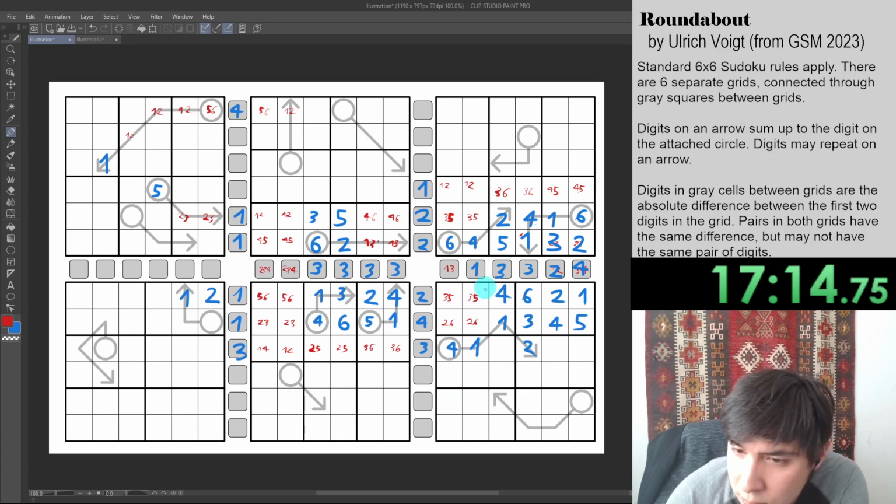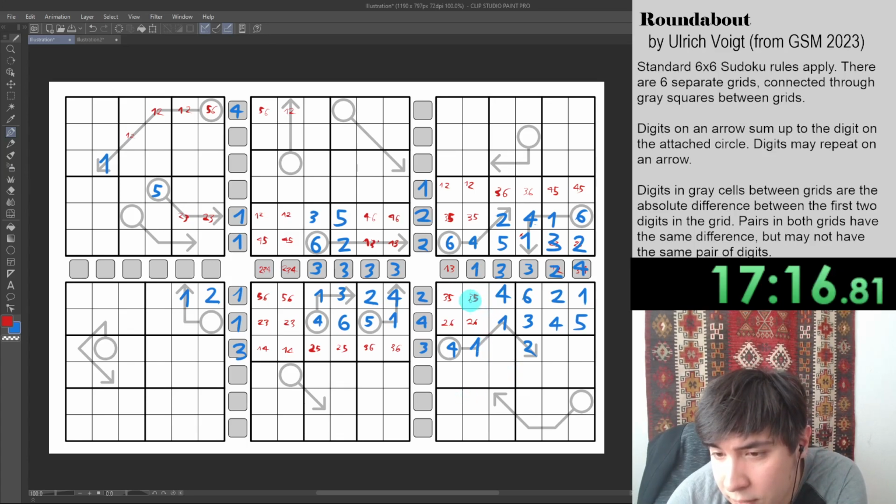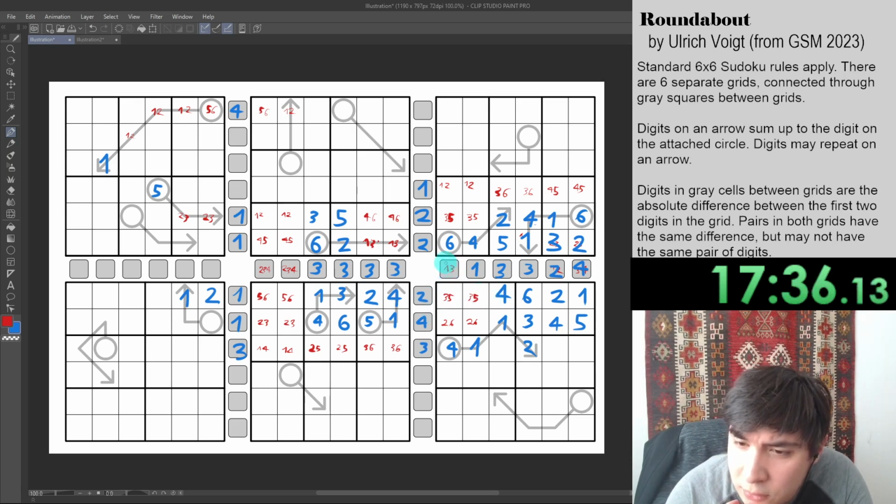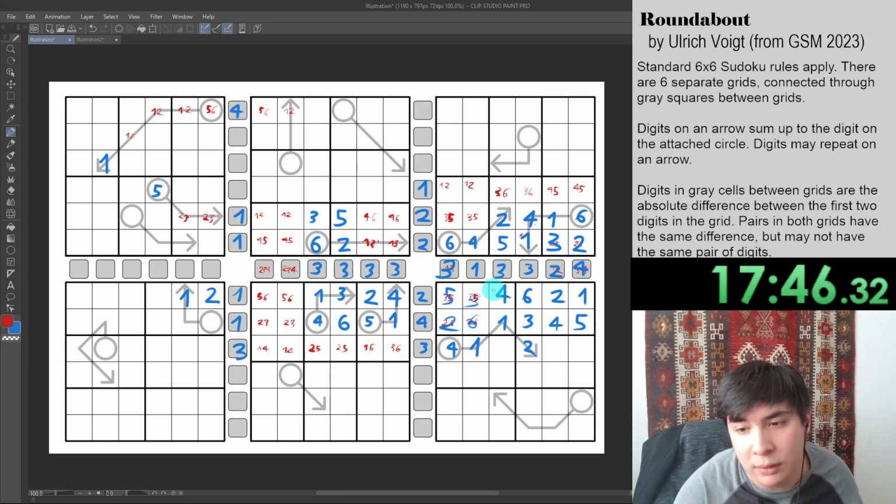So the one clue going down, we can either resolve this as a 3-2, which leaves a 5-6 for a 1, or we can resolve this as a 5-6, which leaves a 3-2 for the 1. Yeah, if this was a 3, this would have to be 5-2 and 6-3, and we'd end up with another 3.